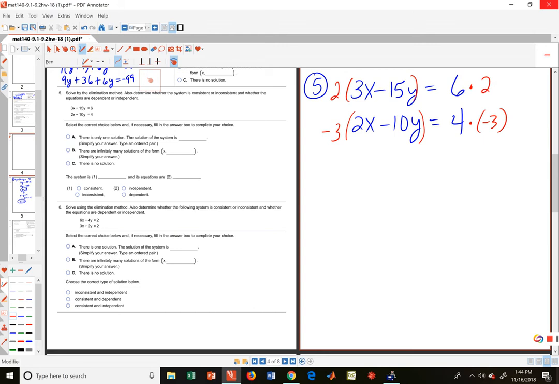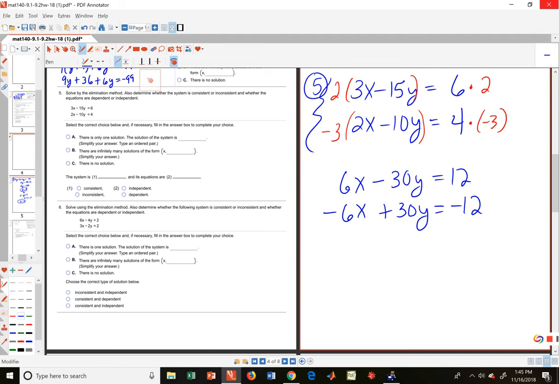Now the idea is to get the same coefficients up front but opposite. So the first equation becomes 6x, be sure to distribute, 30y equals 12. The second equation becomes minus 6x, plus 30y equals negative 12.